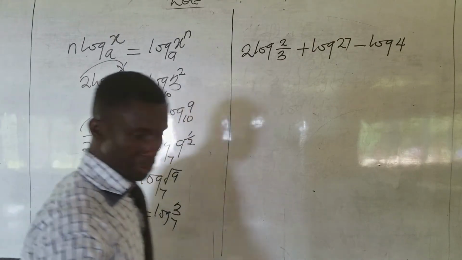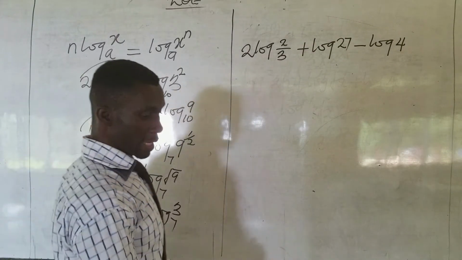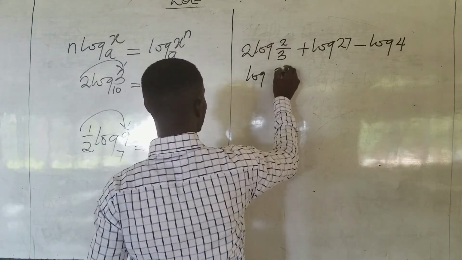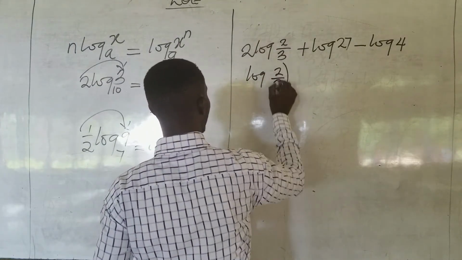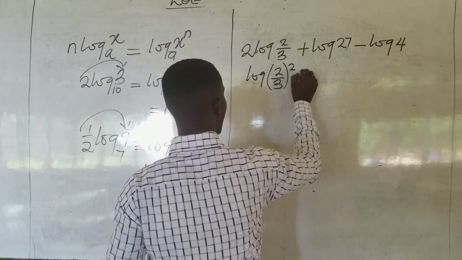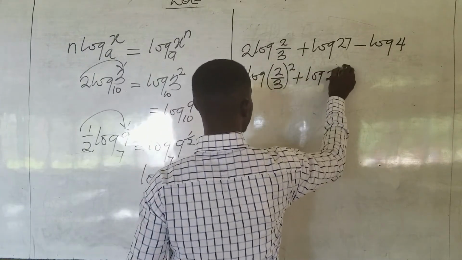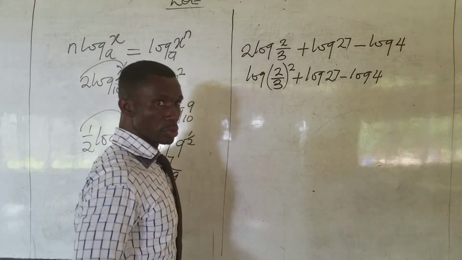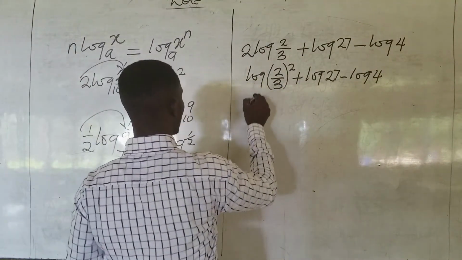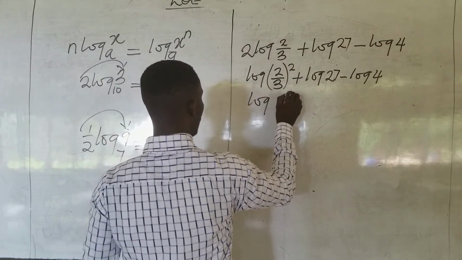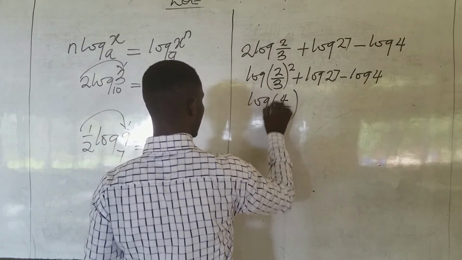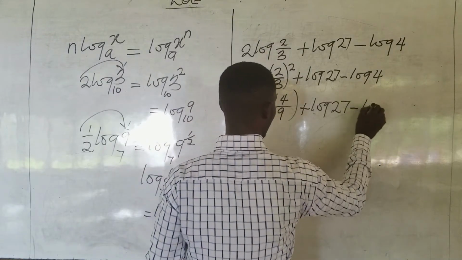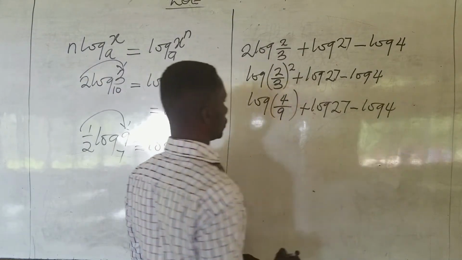Good. So in this case, this one here will give me log of 2 over 3 all to the power 2, plus log 27 minus log 4. So this will give me log 4 over 9 plus log 27 minus log 4.